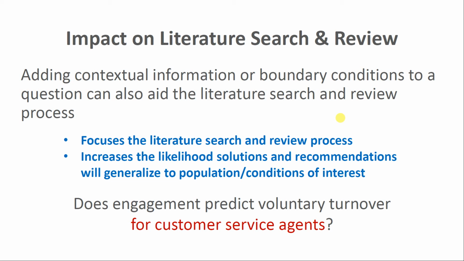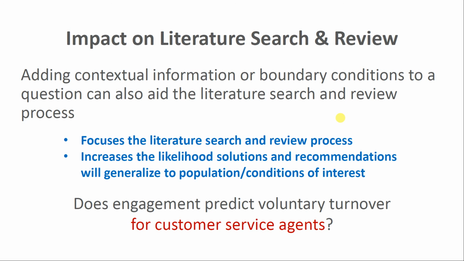So what will this do? Well, by adding additional boundary conditions or contextual information, we're actually focusing the literature search and review process, because this will likely become an additional search term or keyword we add when we're performing that literature search. So in addition to engagement and voluntary turnover and their synonyms, we'll also probably search for customer service agents as well.